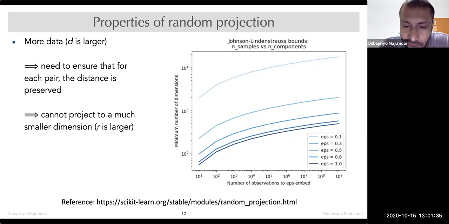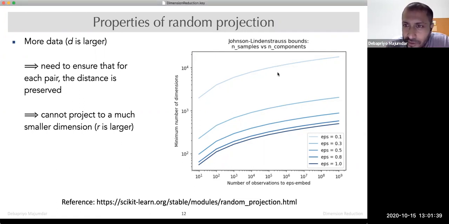So even if your original dimension is 1 million or 10 million or something, you can reduce it to 10,000 dimensions, and then all pairwise distances will be preserved. Sorry, the original dimension can be anything high, but even if you have 1 million data points, you can go to 10,000 dimensions, and all your pairwise distances will be 90% preserved.